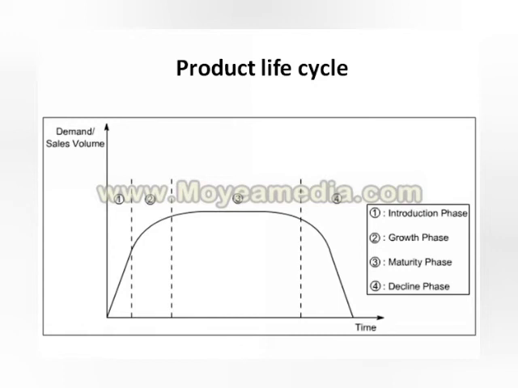Whenever a particular product goes to the growth stage, it is the stage of rapid market acceptance. Due to the increased awareness or the increased demand for that product, the product gets a positive response from the market.